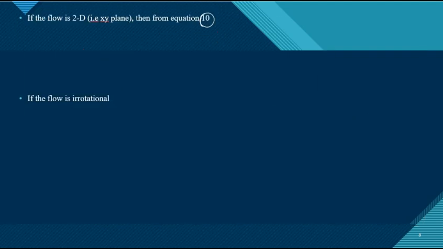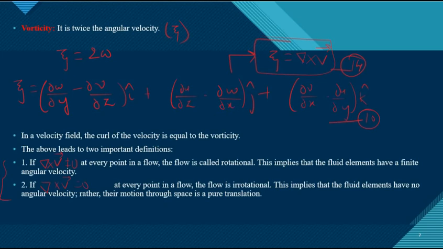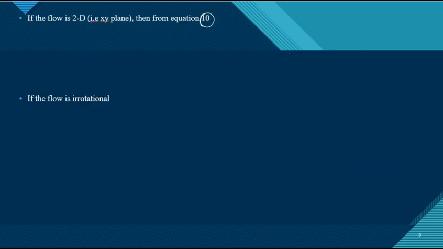Now in a 2D flow, in the 2D xy plane, from our equation 10, what was our equation 10? From this equation, in a two-dimensional flow, can I write vorticity as a function of the z direction and k, because it is the xy plane that we have considered? So that would be ∂v/∂x minus ∂u/∂y k cap.